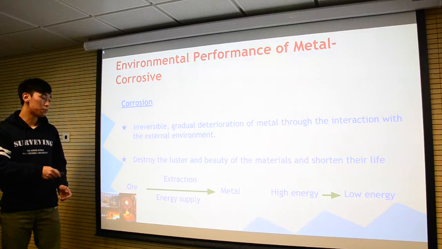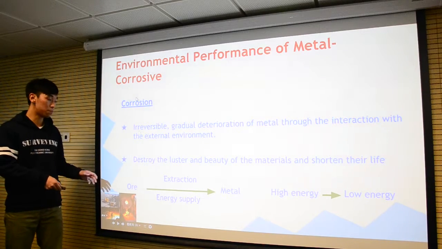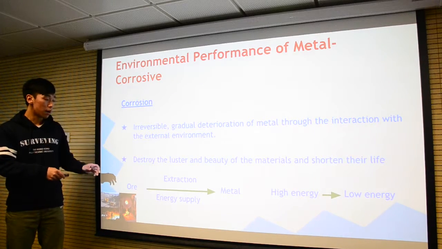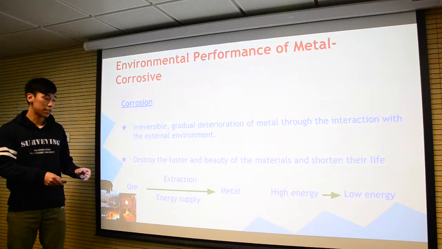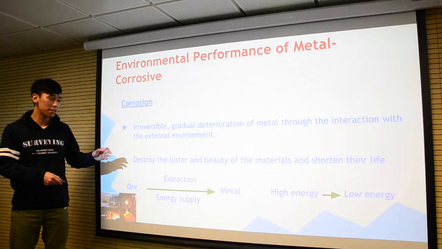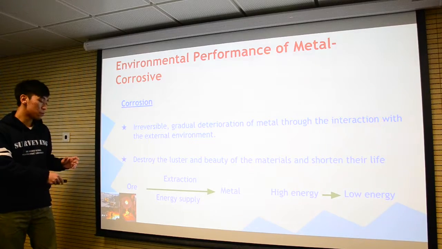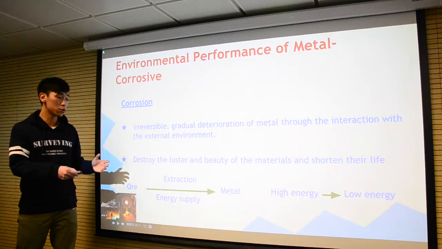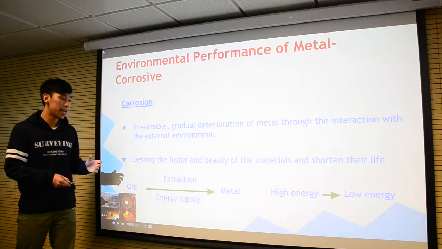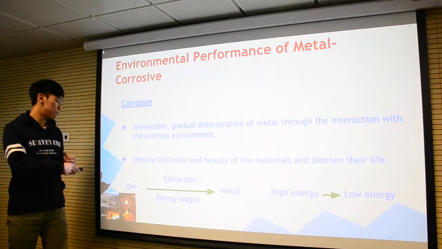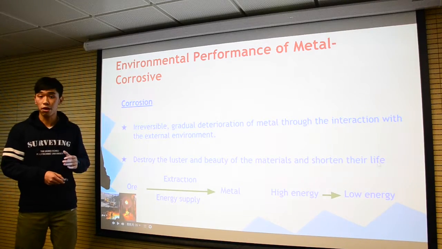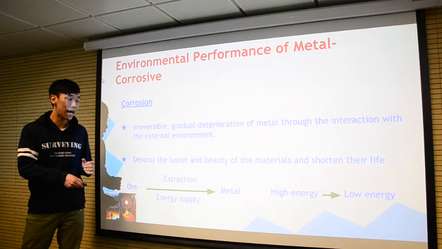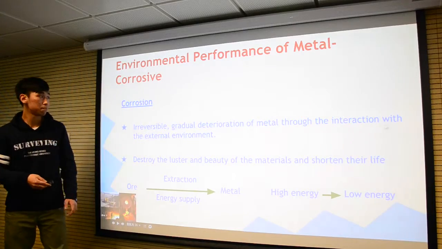During the extraction process, a lot of energy is supplied, so metals can be regarded as in an energy-unstable status, while the ore is the more energy-stable status. So metals are under high energy, and they tend to lower their energy by reverting back to the ore status. Corrosion can therefore be regarded as a tendency of metals to revert from a high energy status to a low energy status.